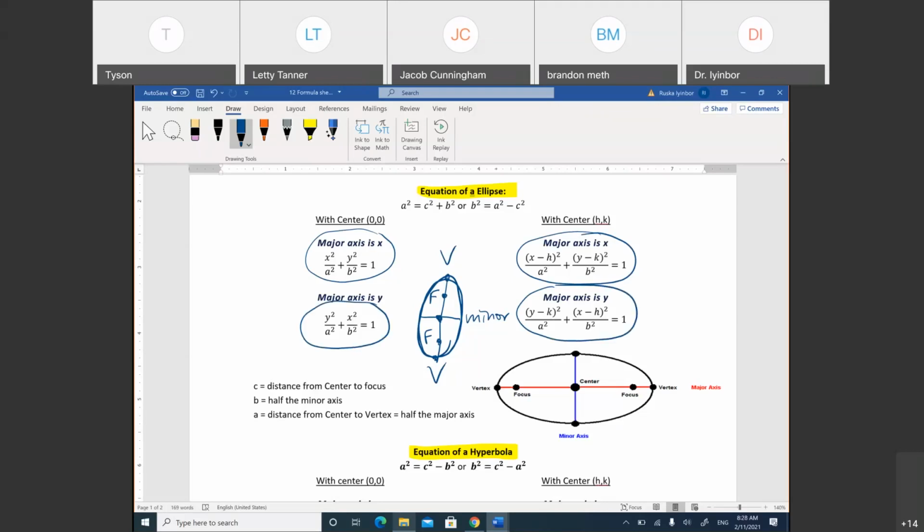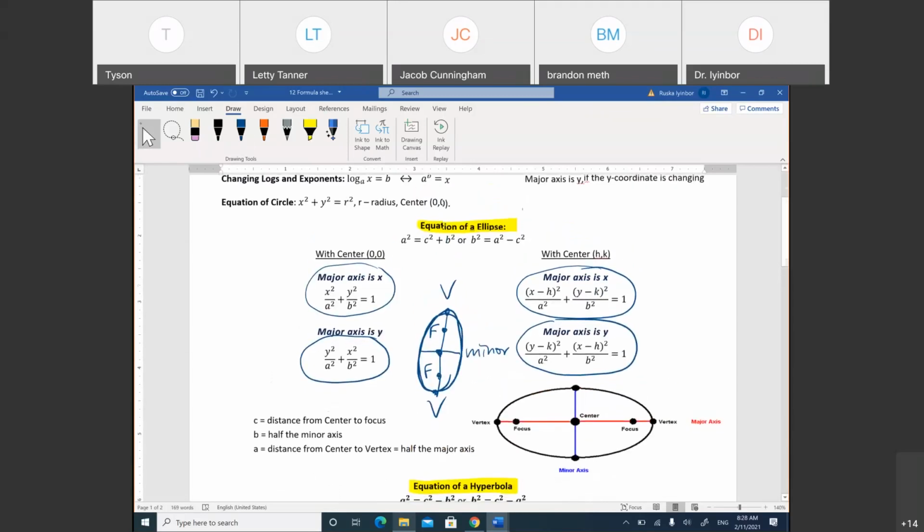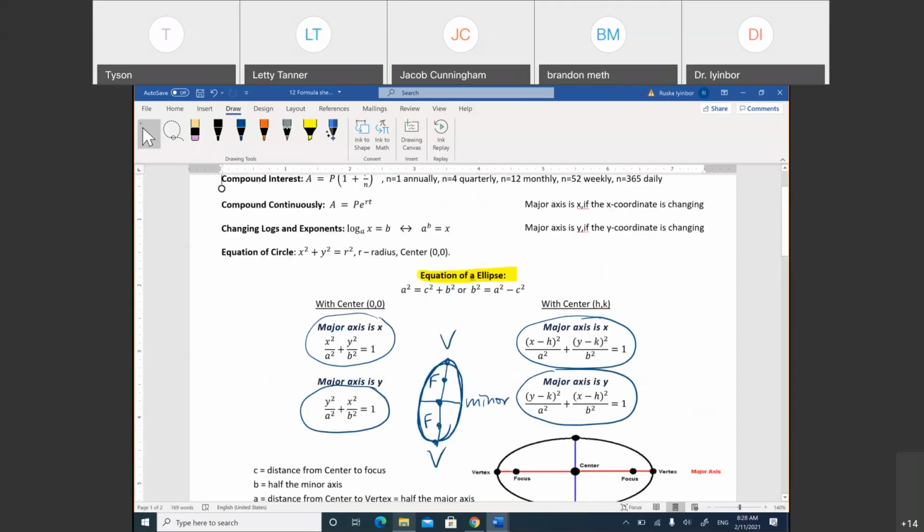Depends what is your center and what is your major axis. Now, how do you know what it is? It's going to say in the question, okay? And it's going to say center 0, 0 or center 2 and 3, for example. So that tells you which one of those you're going to use.